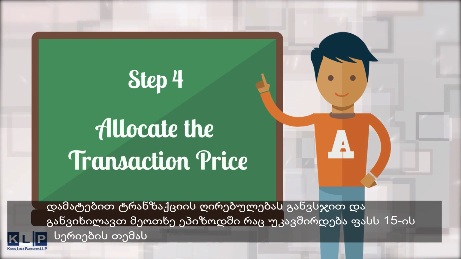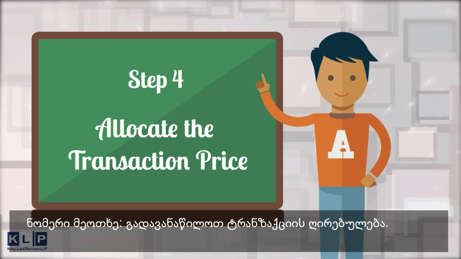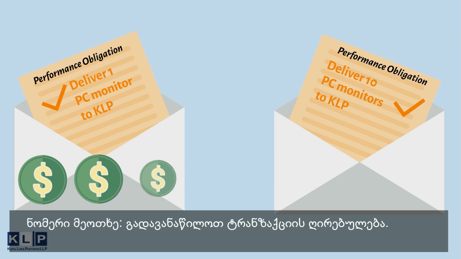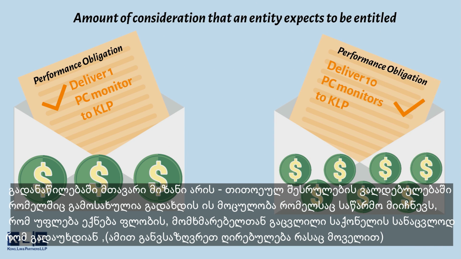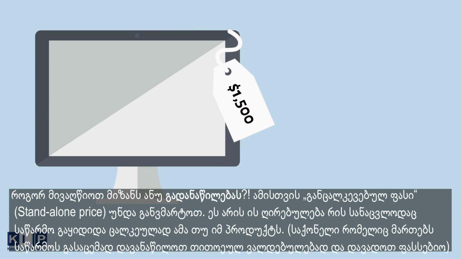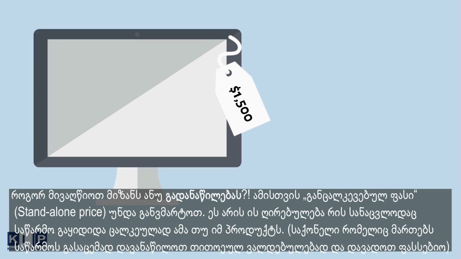Next is step number 4. Allocate the transaction price. The main objective is to allocate the transaction price to each performance obligation that depicts the amount of consideration to which the entity expects to be entitled in exchange for transferring the goods or services to the customer. So, how do we meet this objective? We need to base this transaction price on a relative stand-alone selling price.